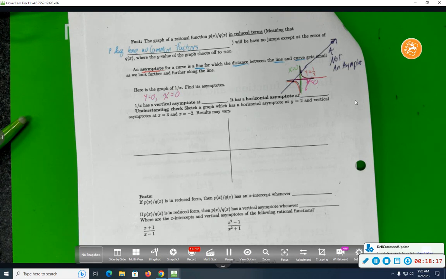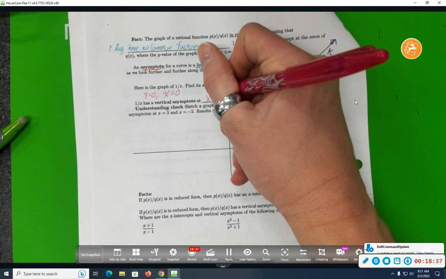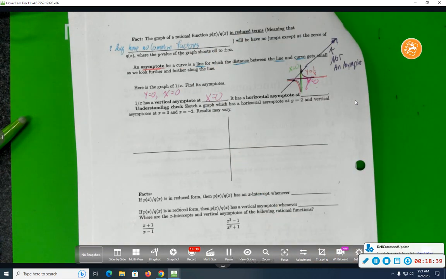During the homework, we'll do some things about slant asymptotes, which are asymptotes that are other lines. But let's not talk about those right now. So for this function, which of those 2 asymptotes is its vertical asymptote? X equals 0. Which one is the horizontal asymptote? Yeah, the other one.